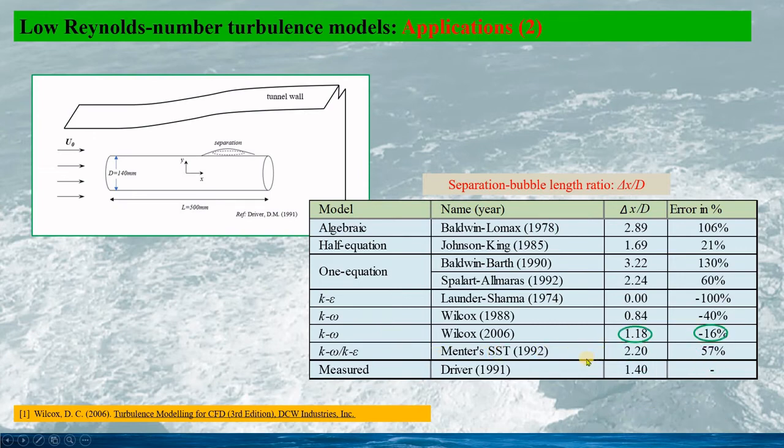So the best case in this table is the Wilcox K-omega model 2006 version. And the worst case is the prediction from the K-epsilon model, since the Launder-Sharma K-epsilon model didn't predict the separation at all. And it is also interesting to note the half equation model gives a very good prediction for the separation bubble length in this case.